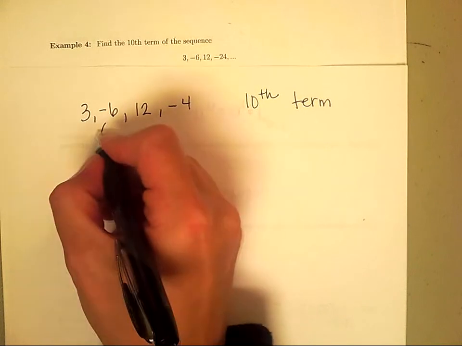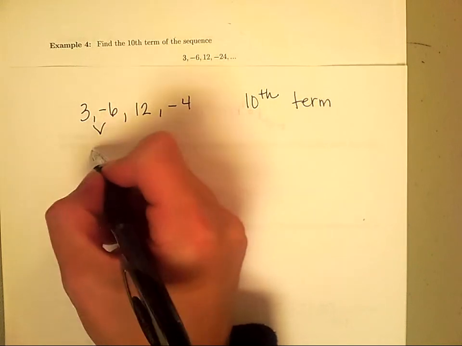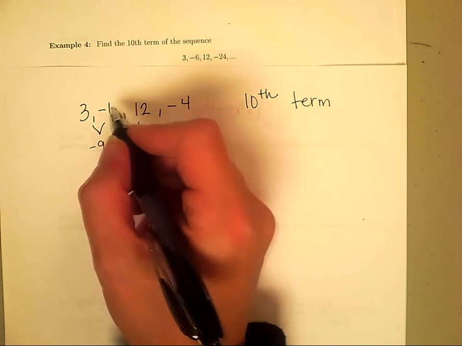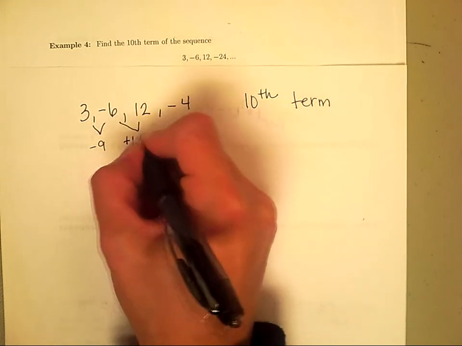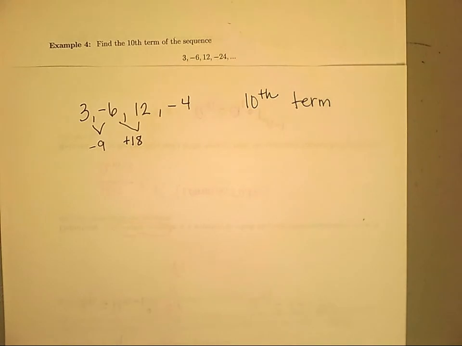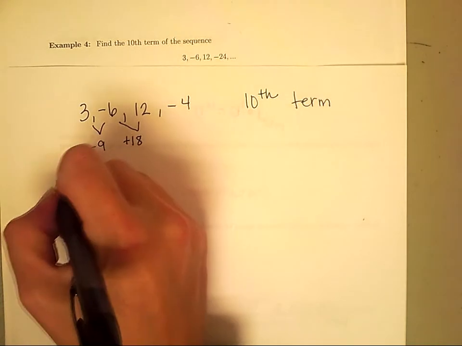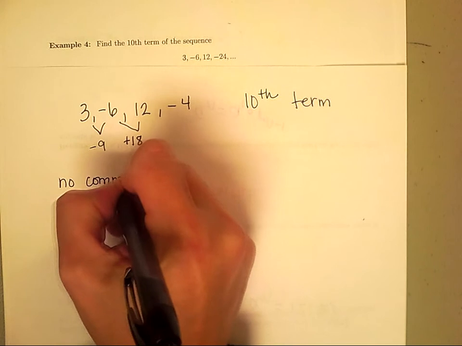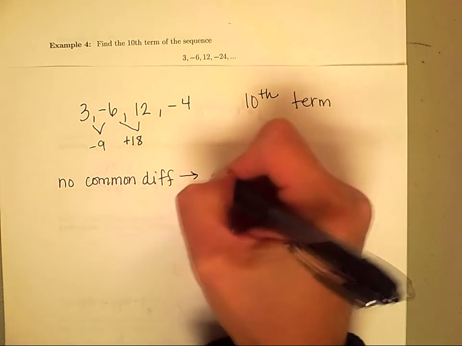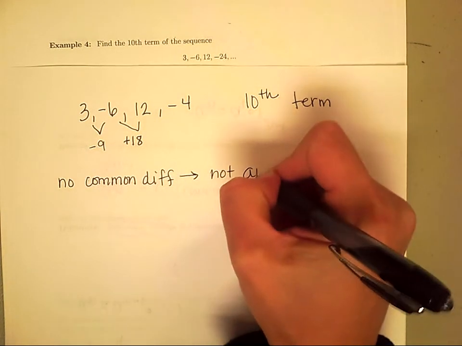So the difference between here, -6 minus 3 is -9. 12 minus -6 is 18. So clearly this is not arithmetic. No common difference. So that means not arithmetic.